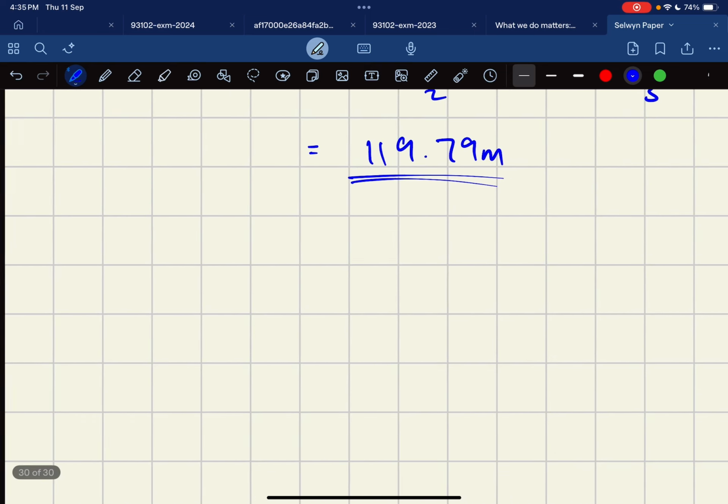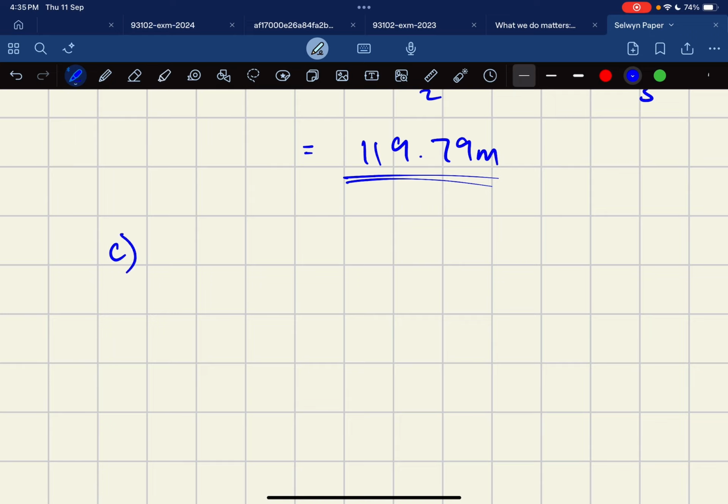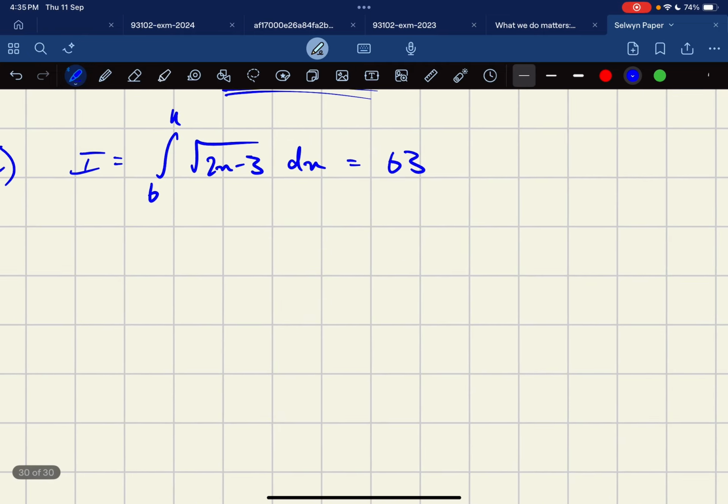On to part C. So find the value of k such that the integral from 6 to k of root 2x minus 3 dx is equal to 63. To integrate this, you're going to use the reverse chain rule. So first, rewrite this as 2x minus 3 to the power of 1/2 dx is equal to 63.